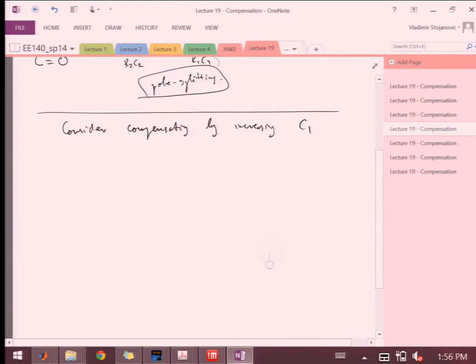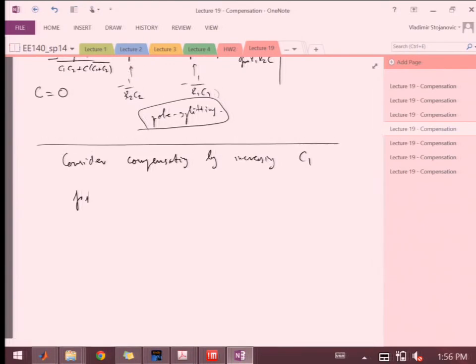Okay? So I will have then the situation where pole 1 is -1 over R1C1, because it will be definitely the most dominant pole. I can sort of neglect C from the Miller, because that would just be C mu feeding back.